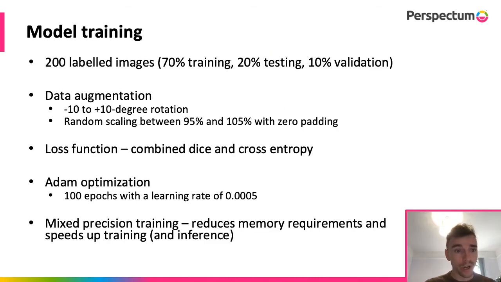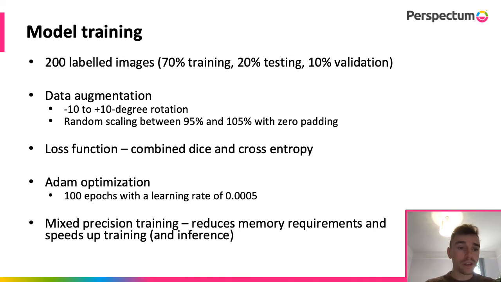In terms of model training, we had 200 expertly labeled images, which we split into 70% training, 20% testing, and 10% validation, using the same training, testing and validation split for each model each time we ran tests on the model.